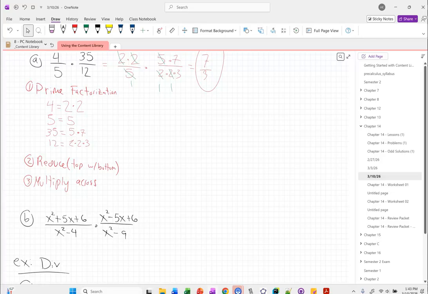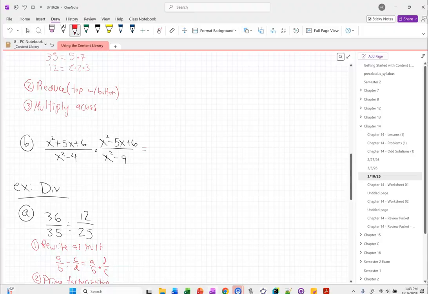So what does a prime polynomial mean? For a prime factorization of a polynomial, it just means factor completely, right? Like doing the same factoring we've been doing in chapter 13. Okay? Nothing new. Same stuff. So, x squared plus 5x plus 6, how does that factor?